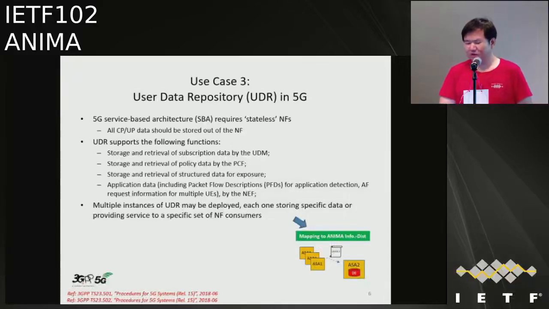This is regarding distributed storage. In the 5G system, there's a logical entity called the user data repository. No network function will store the user-related data; it all needs to be stored in the user data repository.